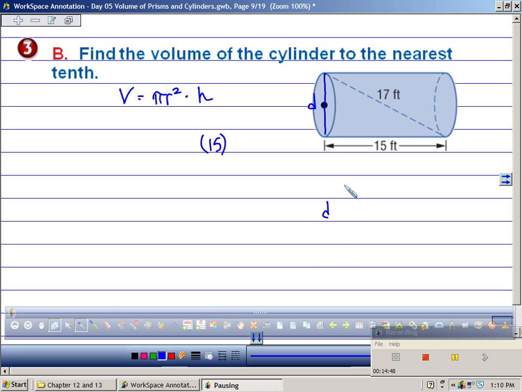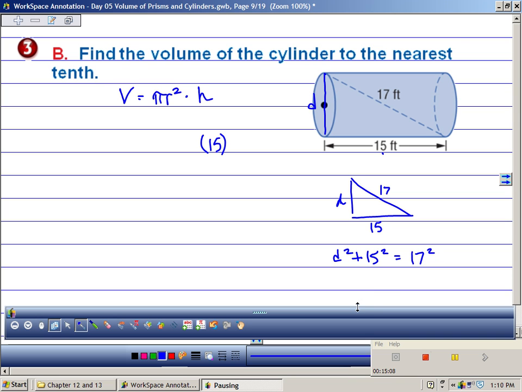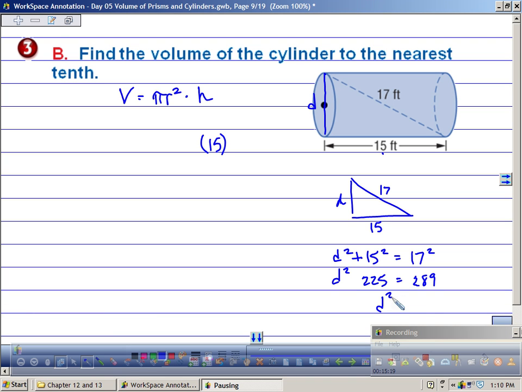Diameter, let's draw a picture. 15, 17. So d squared plus 15 squared equals 17 squared. 15 squared is 225, 17 squared is 289. Subtract that and you get 64.